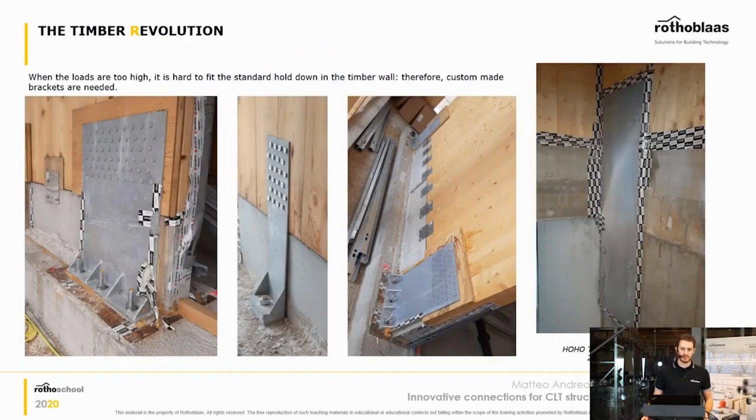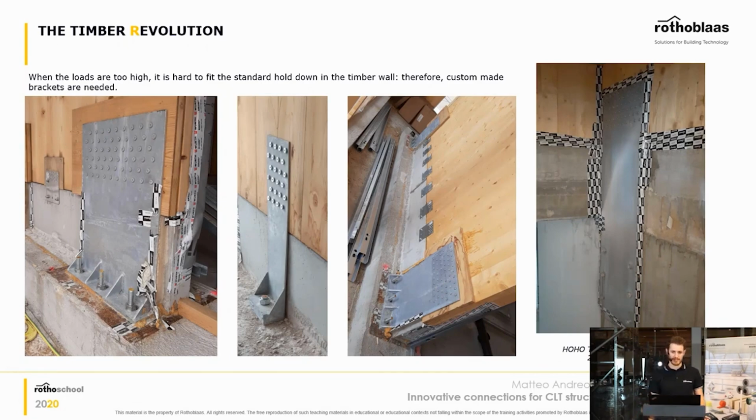Usually these very tall buildings have, as I said before, the main issue of the connections, because you have these really big forces, especially on the ground levels. You have big forces, and therefore you need some big connectors to withstand those forces.